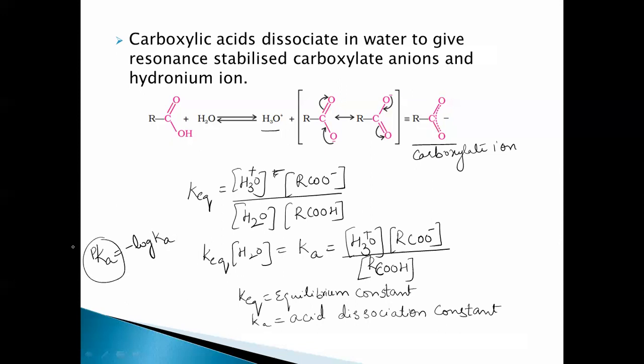This pKa can be used to show the strength of acids. The lower the pKa, the higher the acidity. So pKa is inversely proportional to the acidity, and we can express the acidity in terms of pKa.